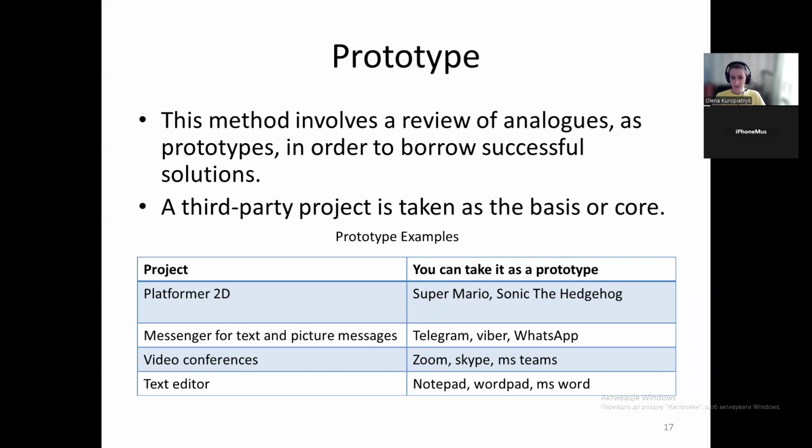For example, I need projects. You can see these projects on the left side of the table. It will be a platformer direction. It's a game. If I need a prototype for this project, I can take into account existing games: Super Mario, Sonic the Hedgehog, and other projects.